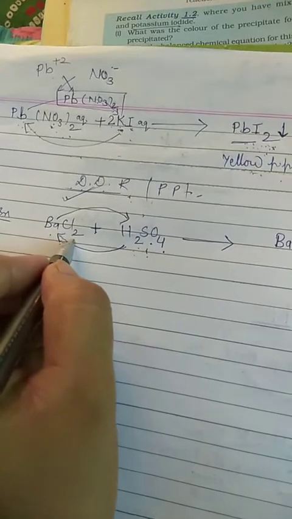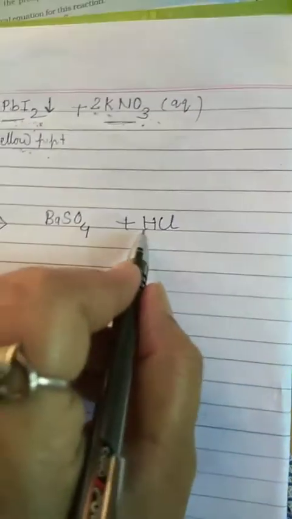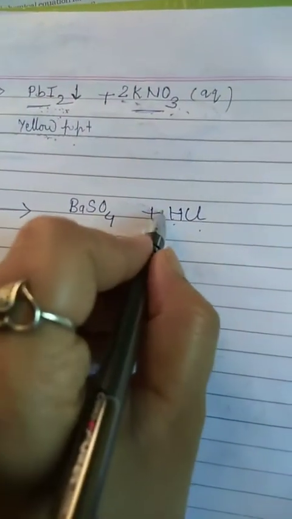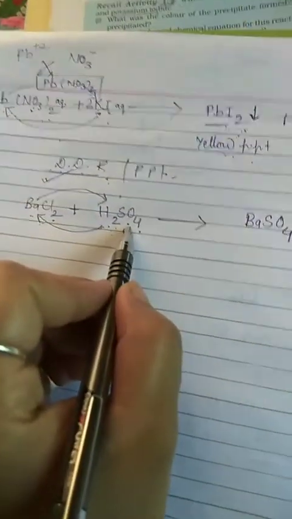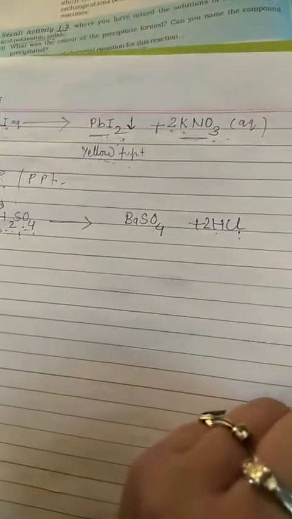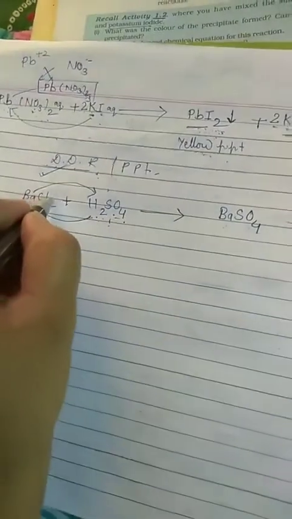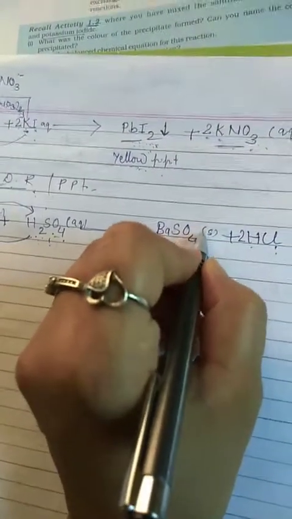The number of chlorine atoms is 2 and the number of hydrogen atoms is 2. On the right-hand side it is single, so we write the common number 2 for the hydrogen and chlorine. Barium is a single atom and the sulfate group is single on both sides. Now it is a balanced equation. Barium chloride is aqueous, H2SO4 is aqueous, and barium sulfate is a solid.